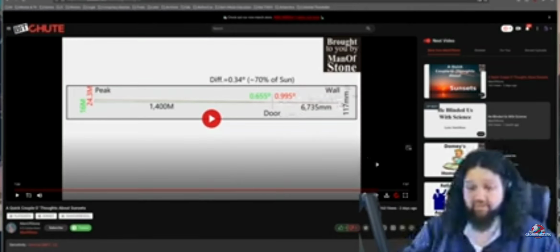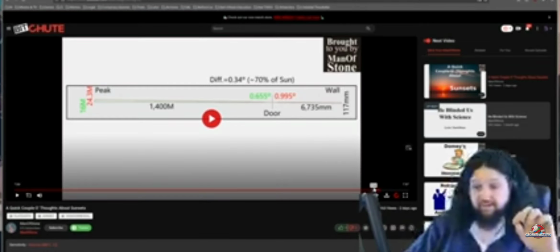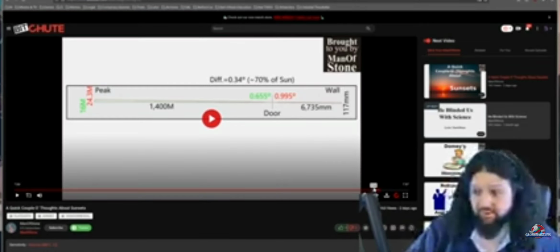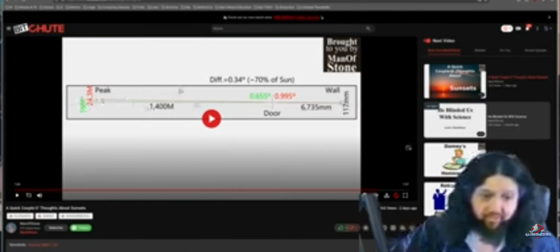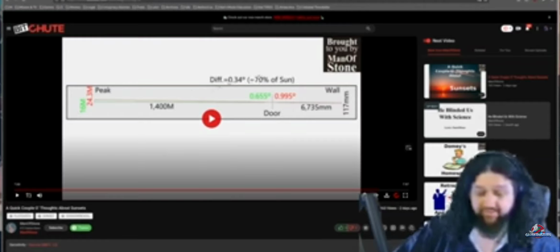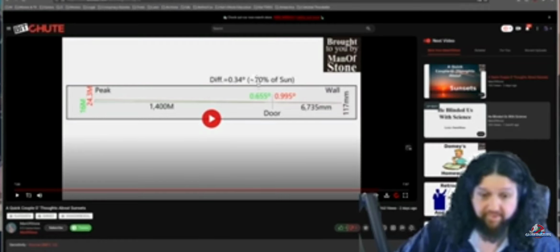If you take the measurement from the distance between that magnet and the bottom part of the shadow where it stopped, and you draw it out for an angle, what you'll show is that the sun set above the horizon with 70% of its angular size.